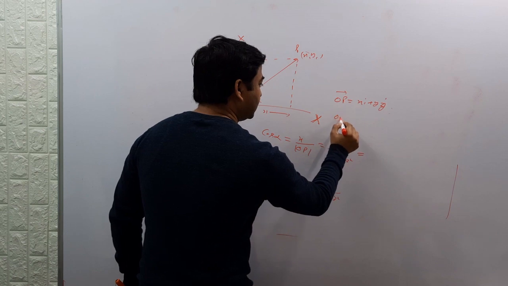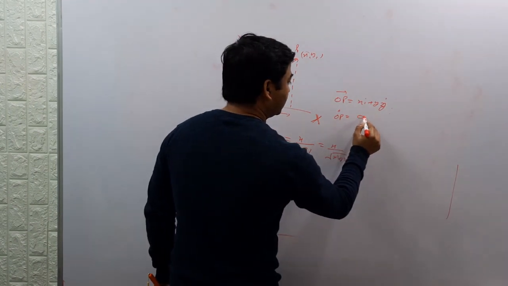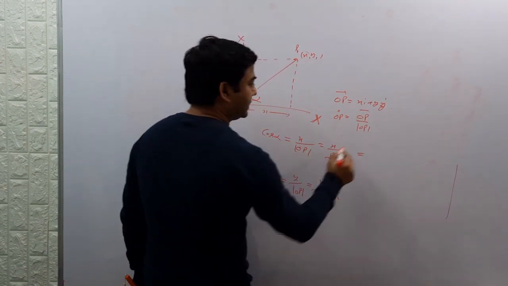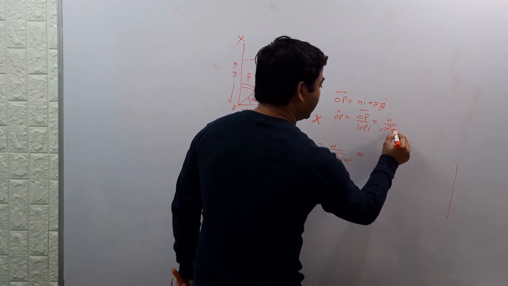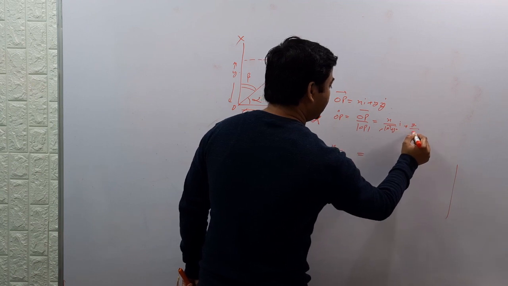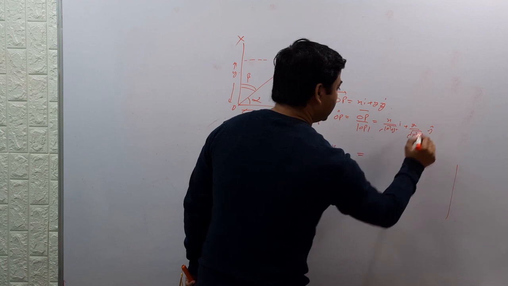So the unit vector in the OP direction will be OP by mod of OP, and this will be x divided by under root x square plus y square i plus y divided by under root x square plus y square j.